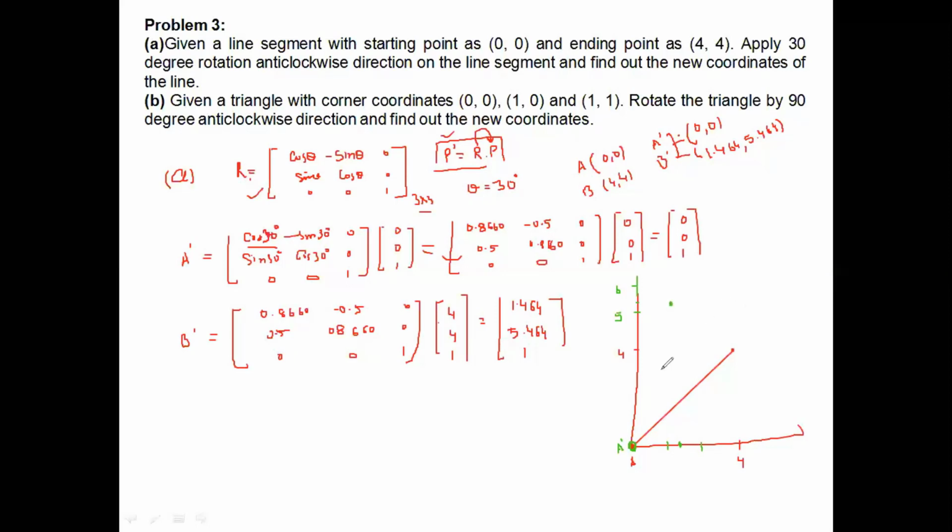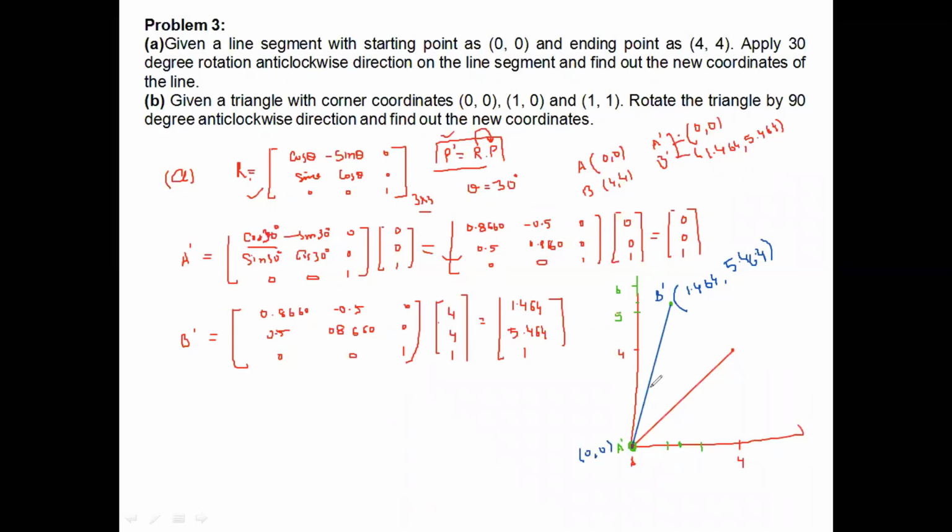So the new line goes to B dash, with points 1.46 and 5.46, and the point A dash will remain the same.